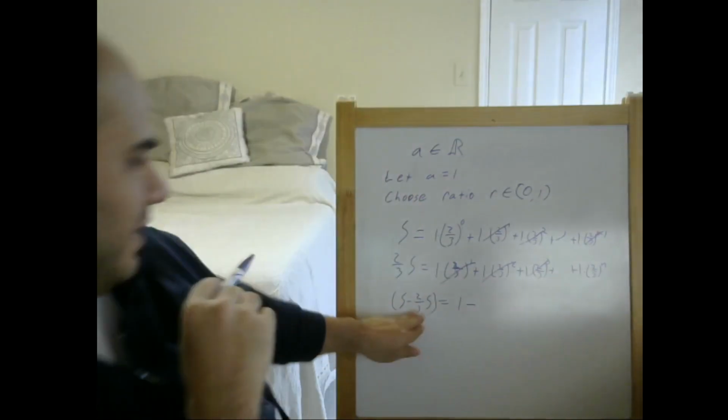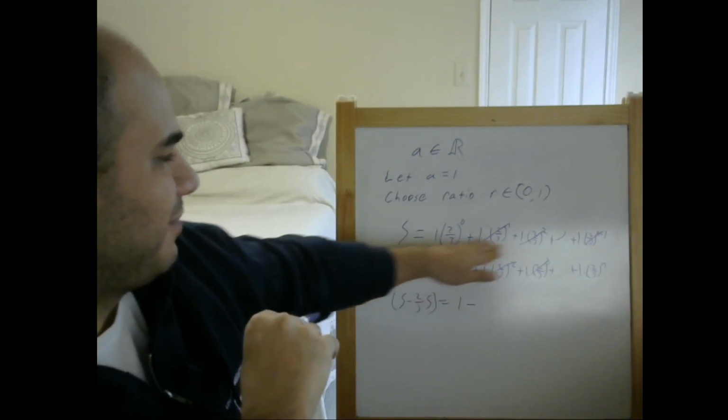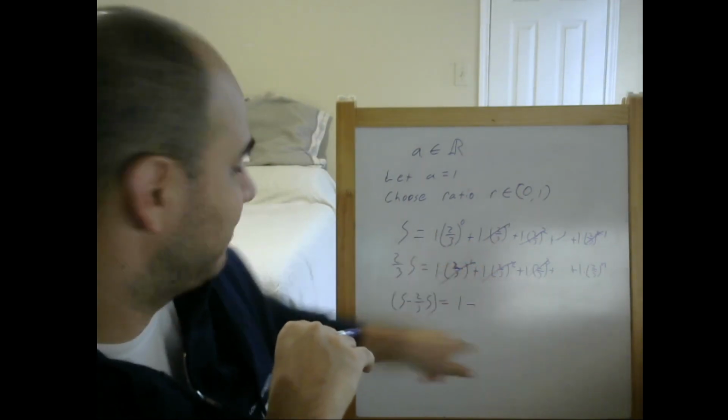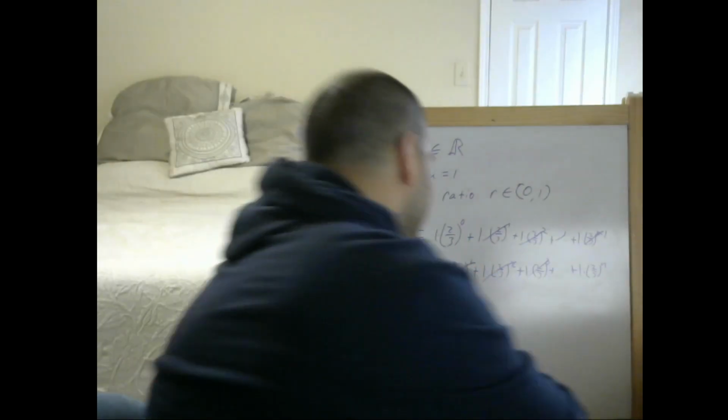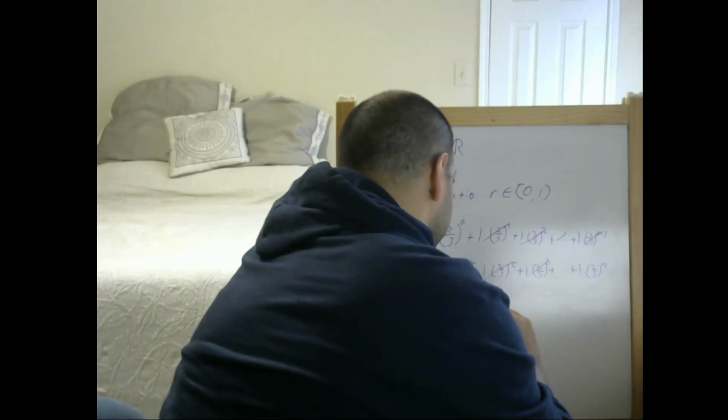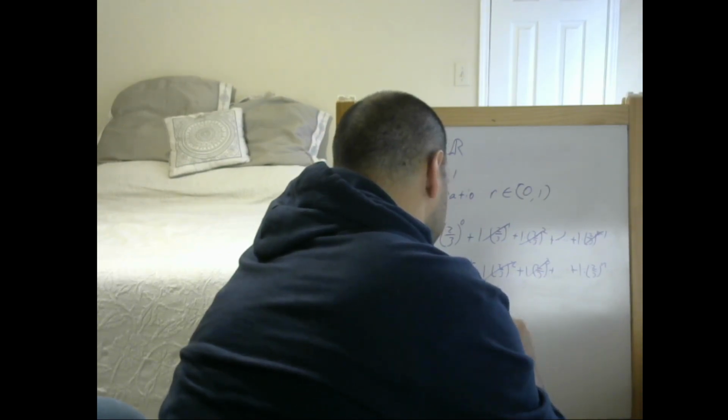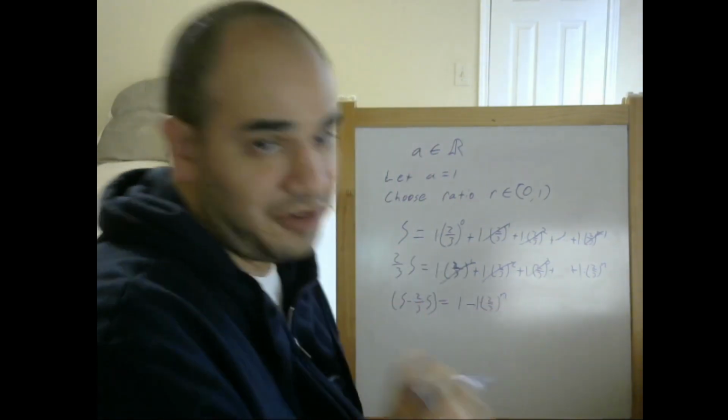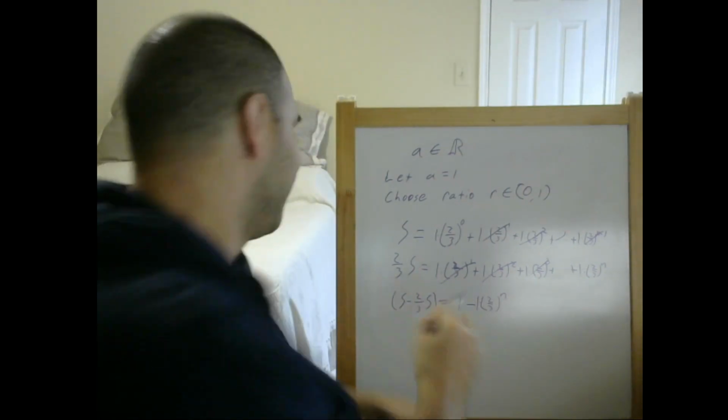Because we're subtracting this series, everything up here is positive, everything down here is negative because of the subtraction. And then pull out S again.